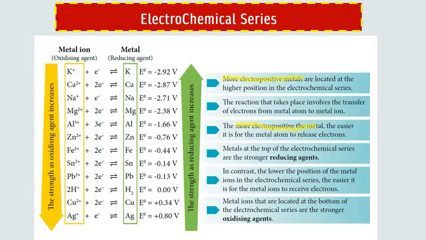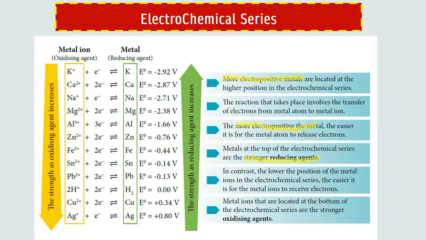Metals at the top of the electrochemical series are the stronger reducing agents. That means it is easier for the metal to release electrons and undergo oxidation reaction.